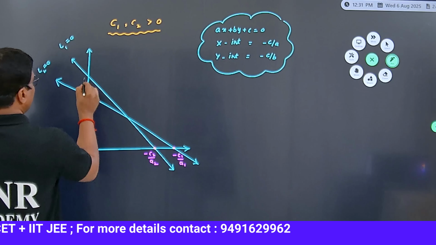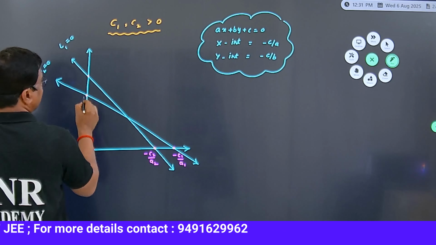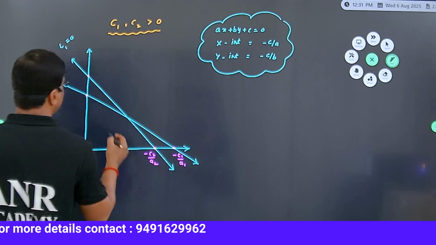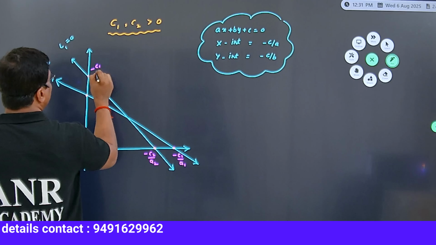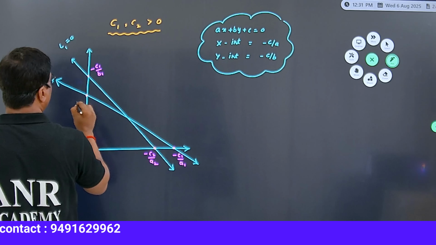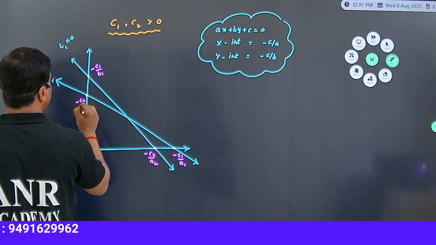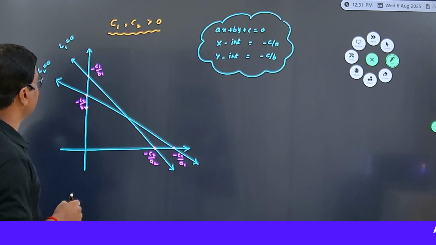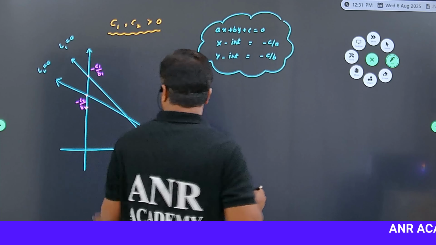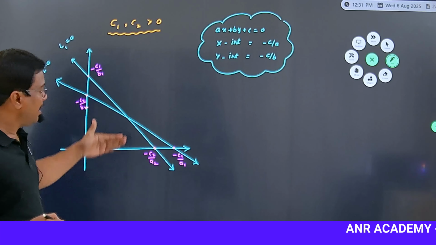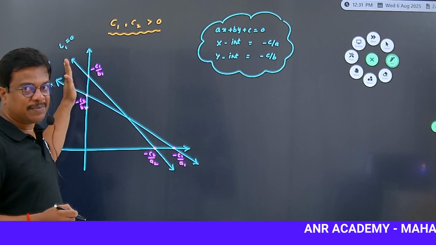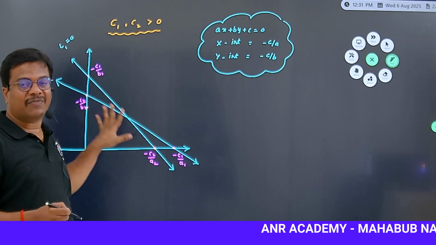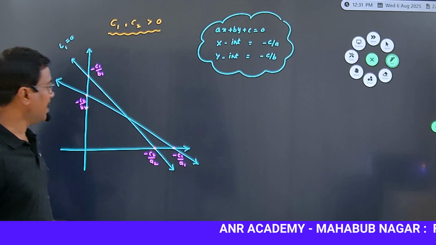The y-intercepts using this formula are minus c1 by b1 and minus c2 divided by b2. In this figure, the x-intercepts as well as the y-intercepts are all with positive sign.